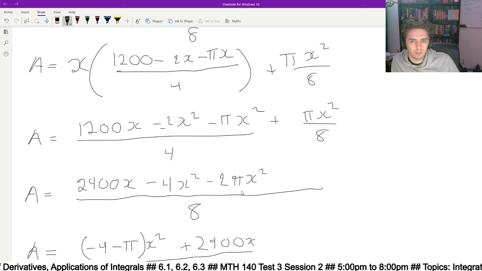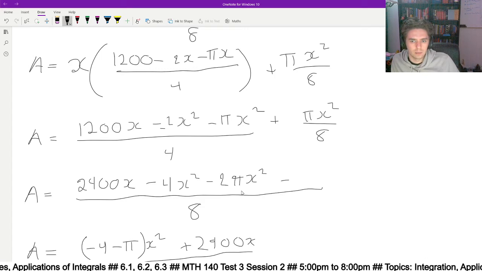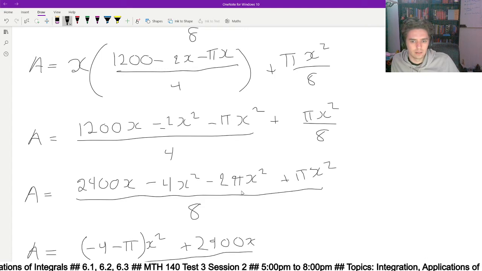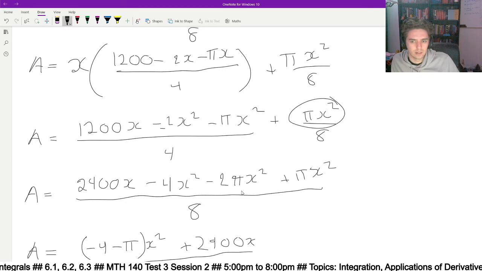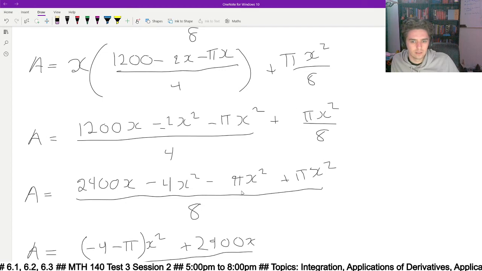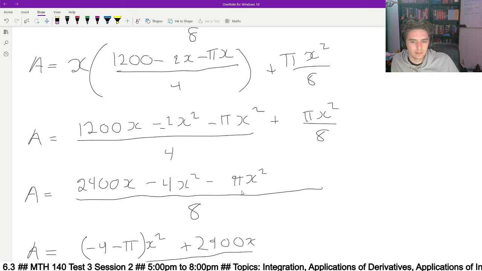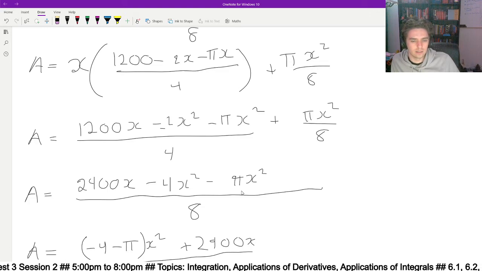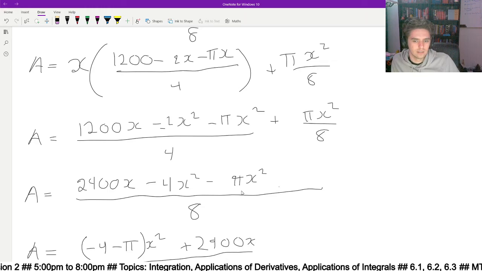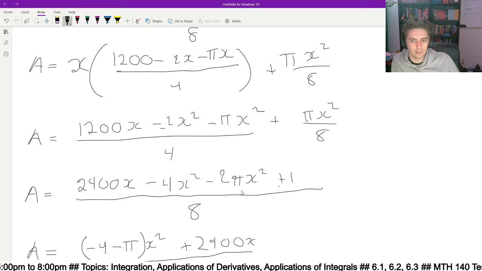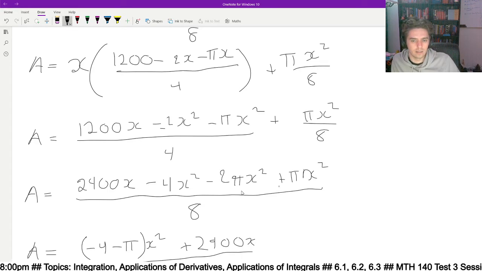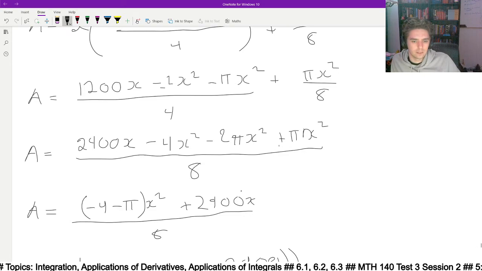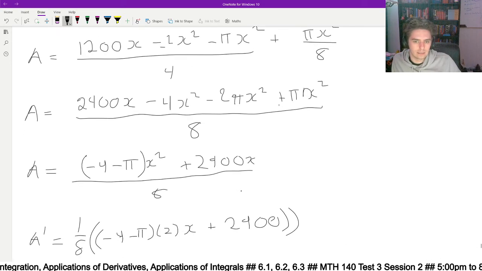So there would be a 2 pi x squared plus pi x squared over here, from here. So that goes away. You see what it did? Yep. So I'll leave it there just so you can see. But yeah, it's there. So that's just pi x squared.